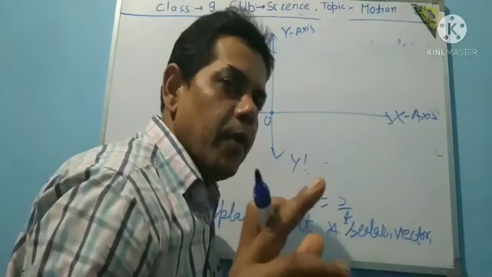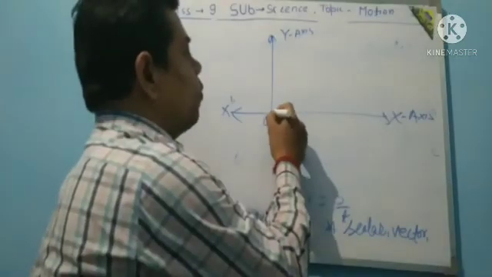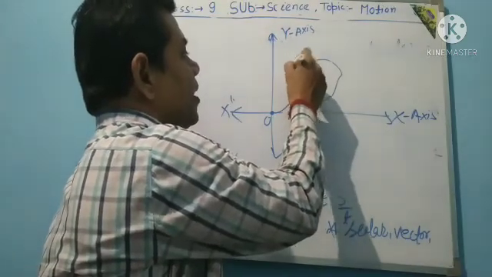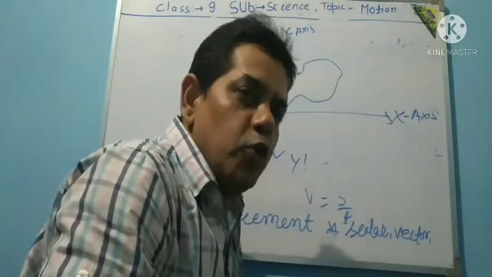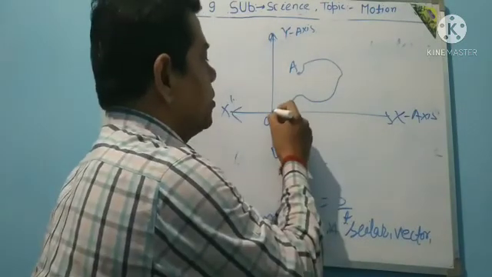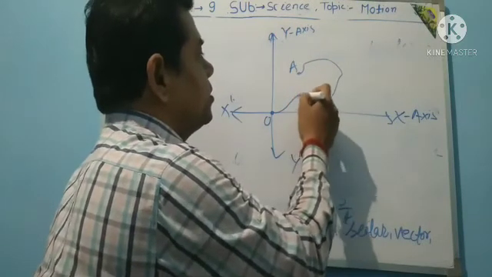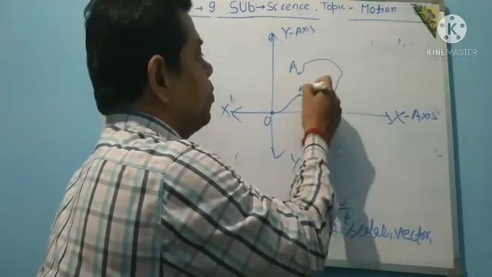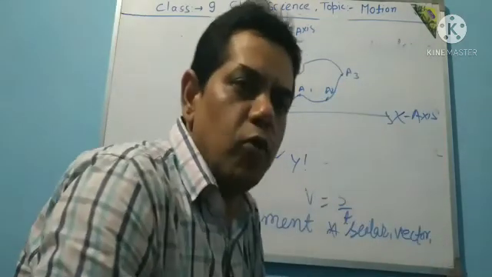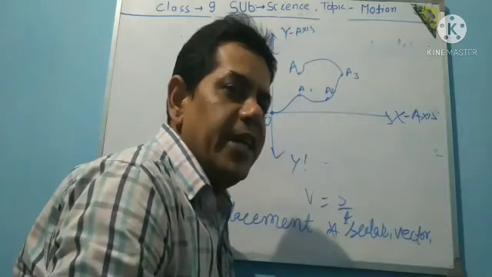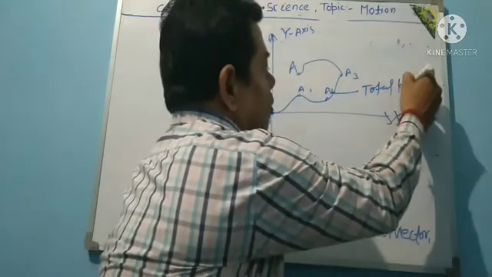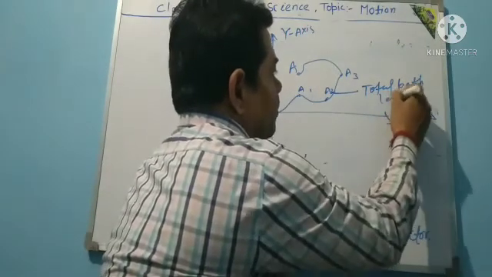If an object travels from point O and reaches a point, it travels from that point to A1, A2 and A3. So many points and places are traveled. That is the total path length.